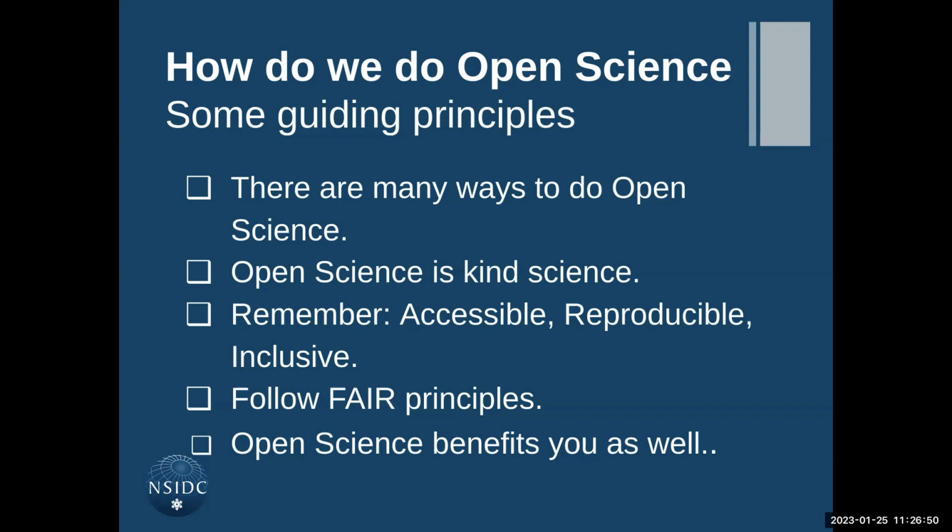And I think as long as we remember that open science is supposed to be kind science, that's a good starting point as we build our skills and our ways of collaborating. And what I mean by that is, not only are we being kind to our colleagues and the community, to build trust and community and inclusiveness, but also that we are considerate of the people who are going to use the products of our research.